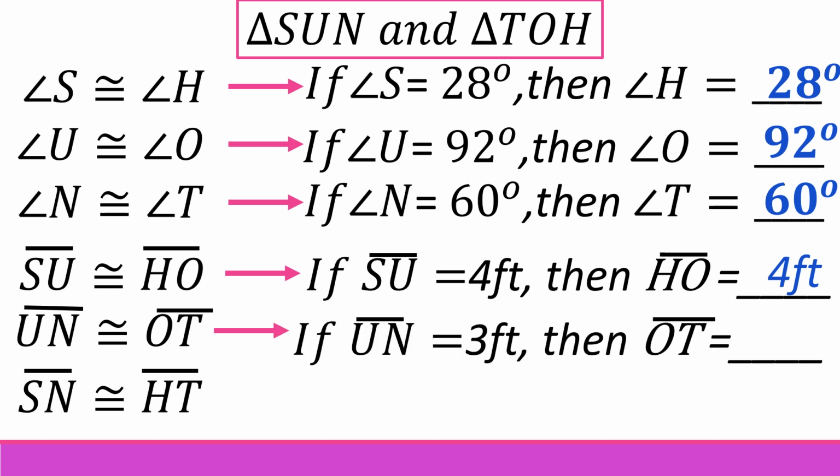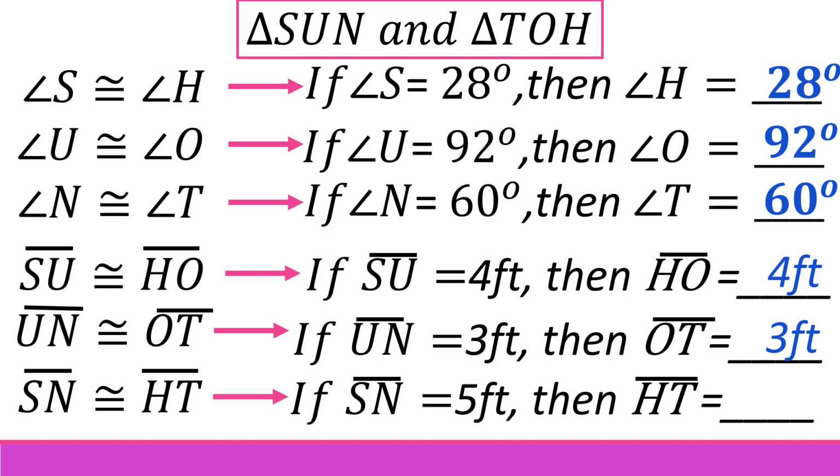Now, if side UN measures 3 feet, then side OT also measures 3 feet. And if side SN is congruent to side HT, and if side SN measures 5 feet, then side HT also measures 5 feet.